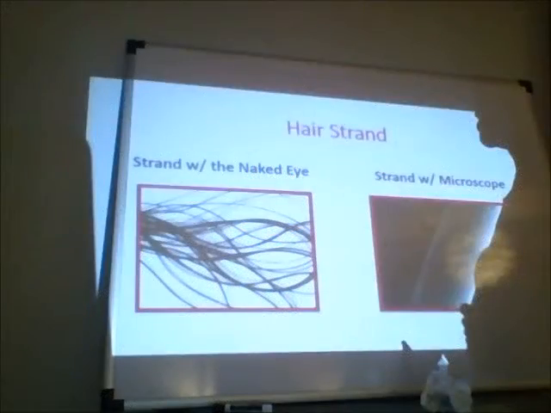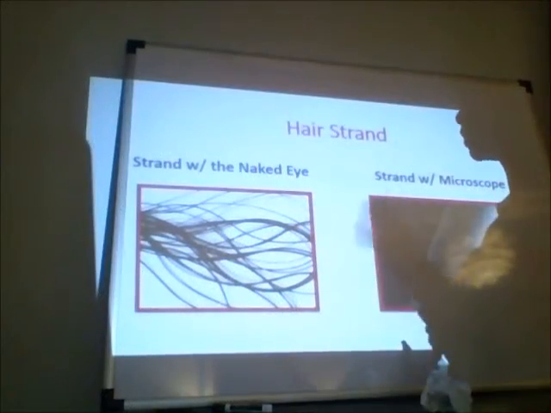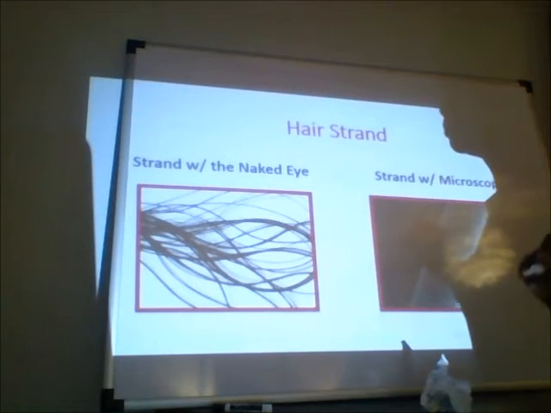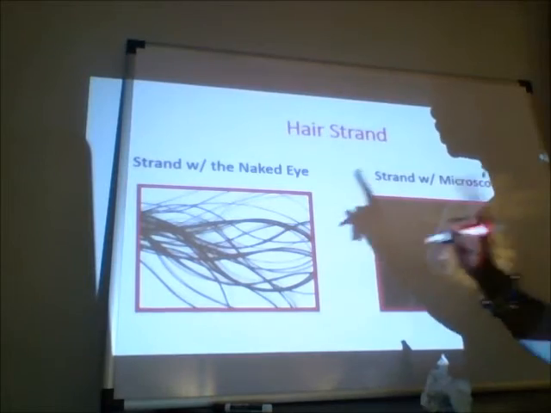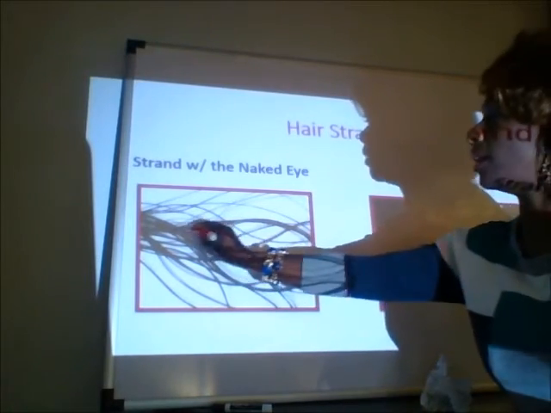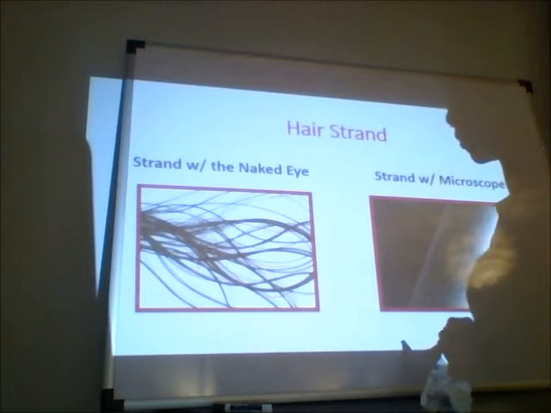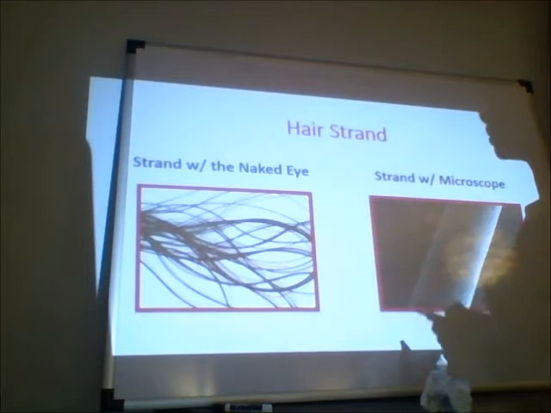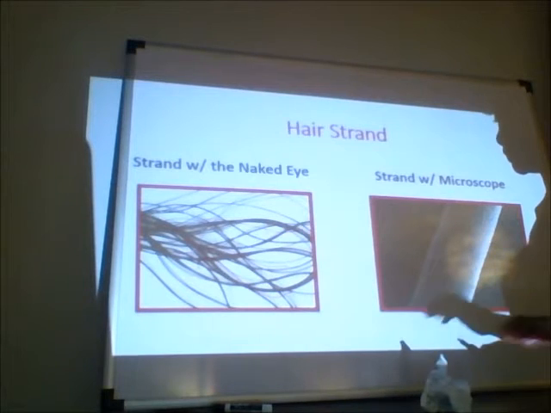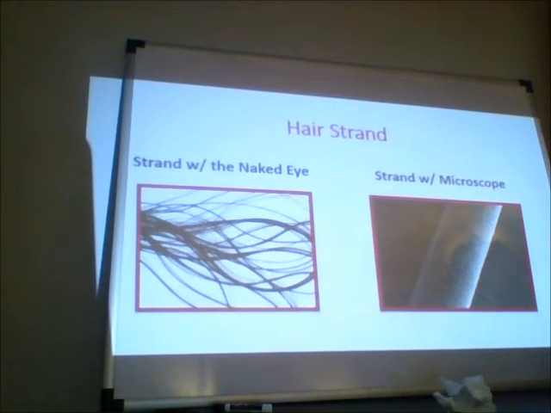Okay, class. Now, remember I told you that there were three parts to the hair. But when we look at these three parts, we don't see it with the naked eye. All we see is loose hair strands, correct? Class, that's what we see. Under the fine microscope, you see one huge piece of hair.